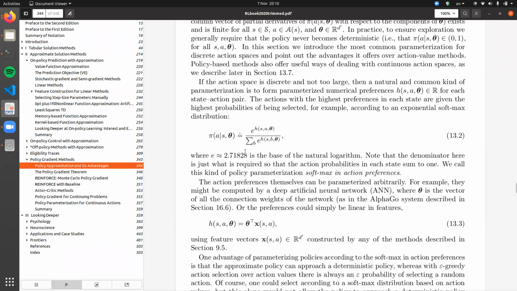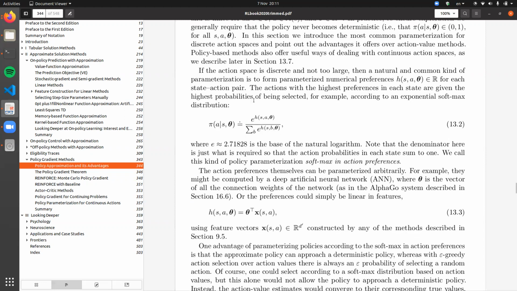That would give us the proper probability distribution, and the exponentiation gives us a way to exaggerate the most useful actions and weigh down the least useful actions.